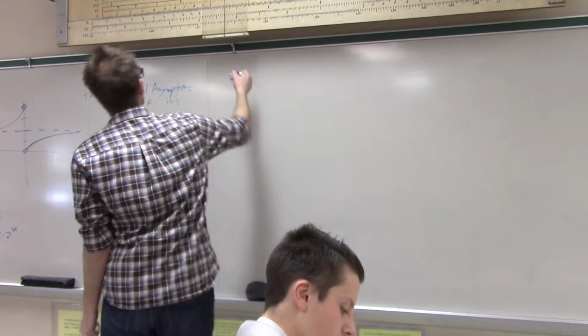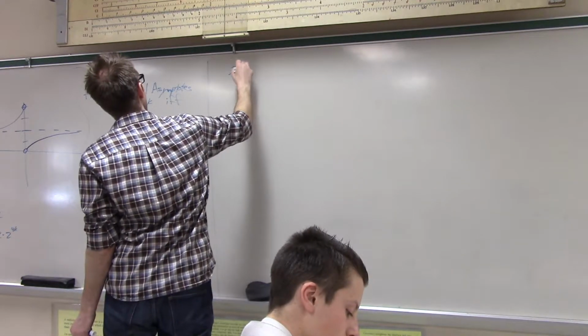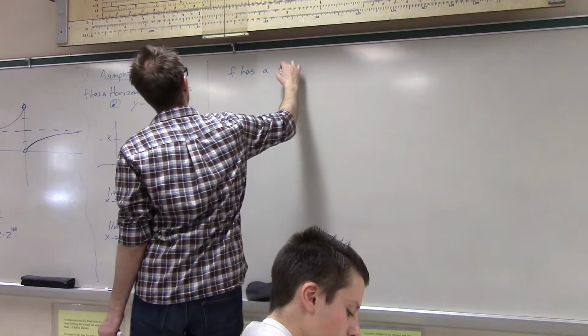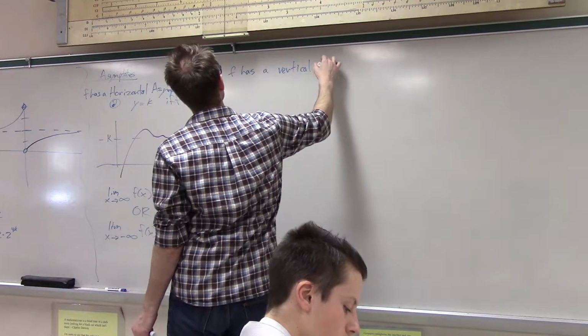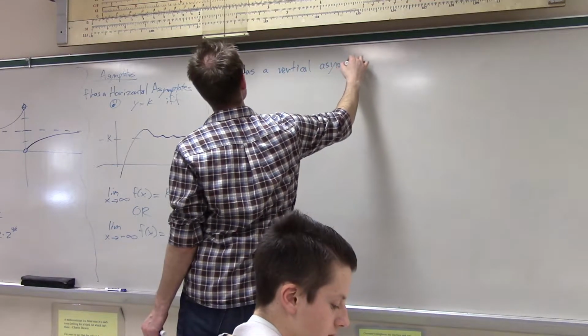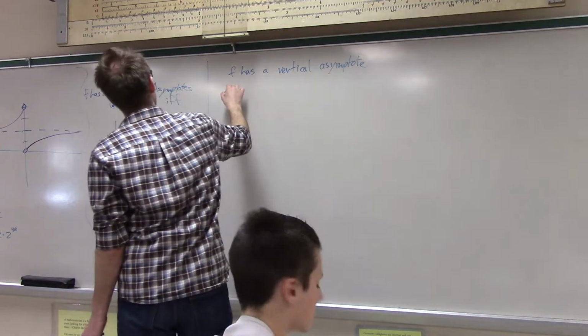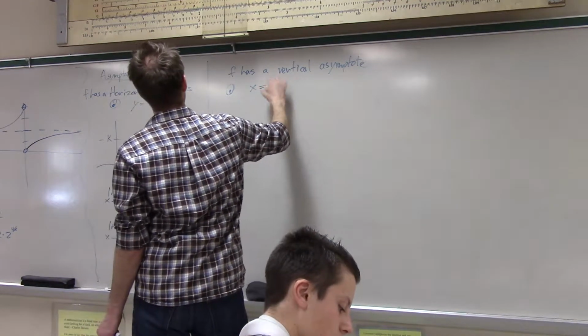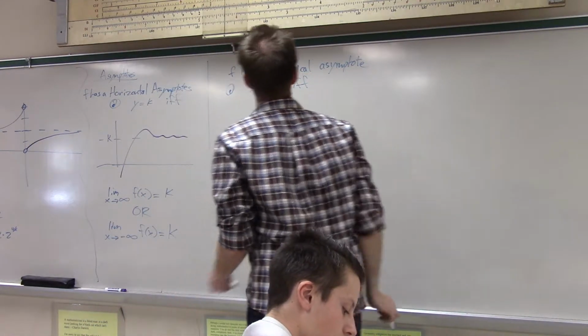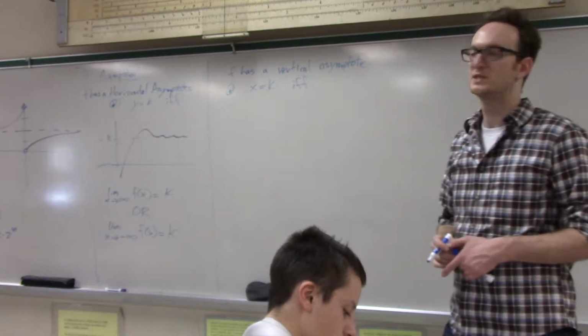All right, let's do the other one. f has a vertical asymptote at x equals k if and only if what? Sandeep.